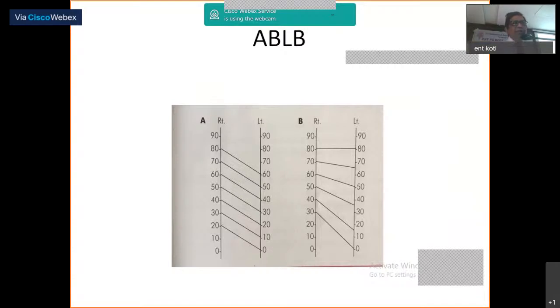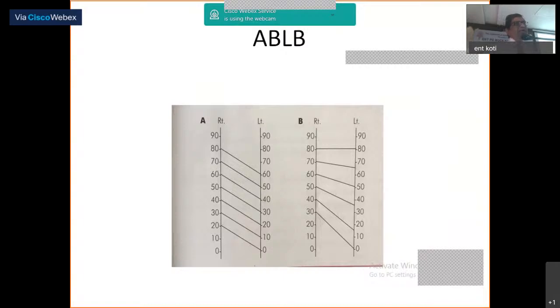In the case of recruiting hearing loss, which is in B, the left ear is normal, the right ear has got a hearing loss of 30 decibels. As you increase the sound, at one stage the amount of increase in sound for the recruiting ear is much more.